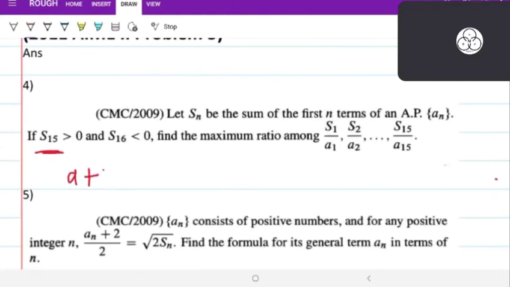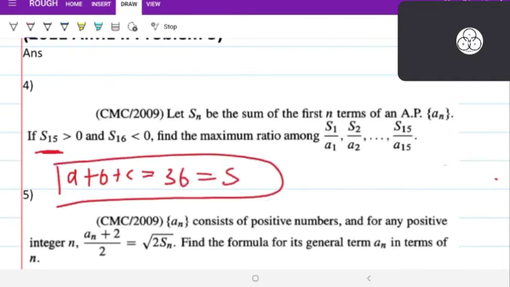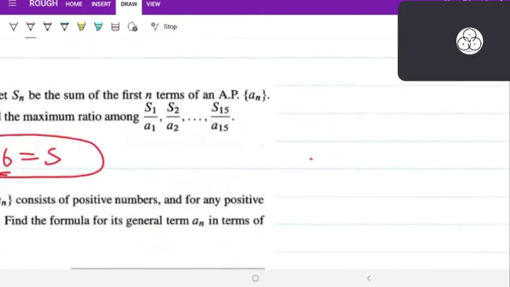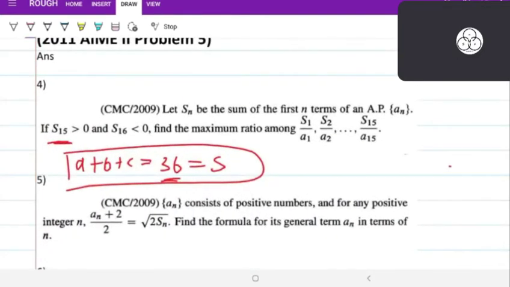A plus B plus C can be written as 3B. How? Just take A plus D and A plus 2D and analyze, and you will get this. So when the number of terms is odd, we can take out the middle term and write the sum in this format.